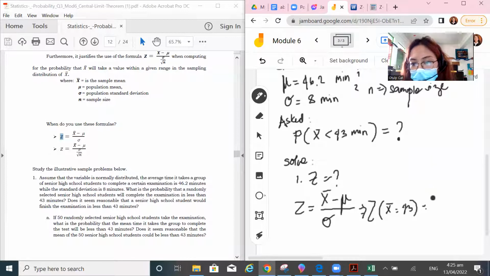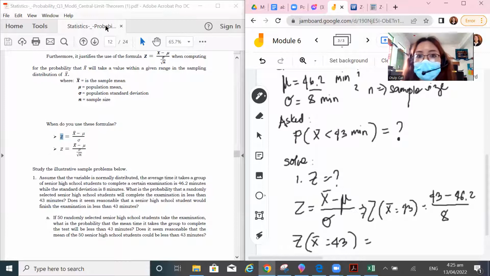This means we substitute 43 for x bar, minus the mean which is 46.2, over 8 minutes. So z of x bar 43 is equal to what?